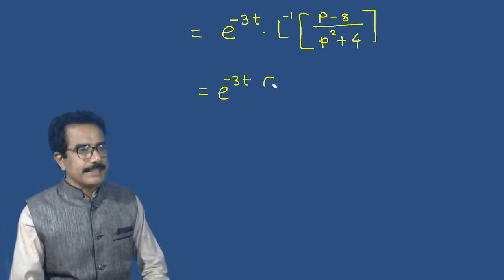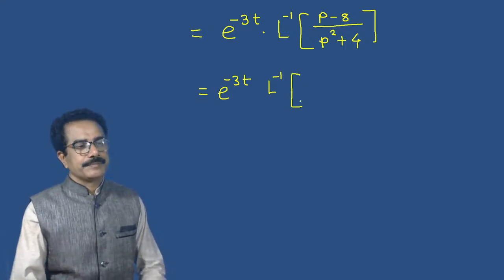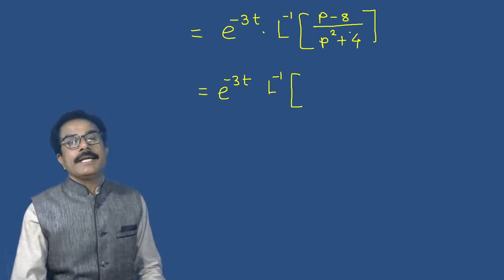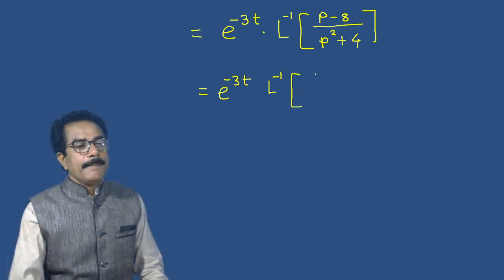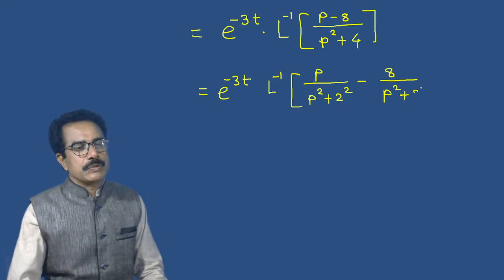Again we can write this as L inverse of p divided by p square plus 4, which means 2 square, separate this, minus 8 divided by p square plus 2 square.